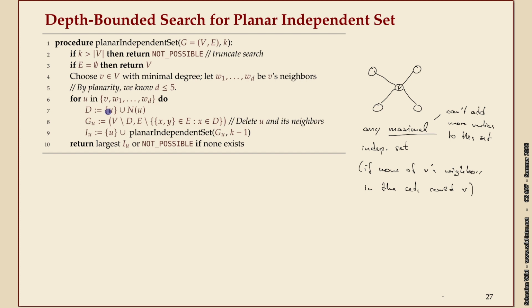So I take the vertex U and all its neighbors. That's what that's supposed to mean. I remove those from the vertex set, and I remove all the edges that have an element in there. So I could have written here G reduce is the induced subgraph on V without D.